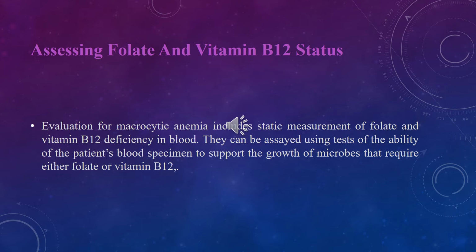Total plasma homocysteine is a sensitive marker and is compromised in patients with deficiencies of vitamin B12 or B6, or in case of an inborn error. So it correlates with serum folate and red cell folate.